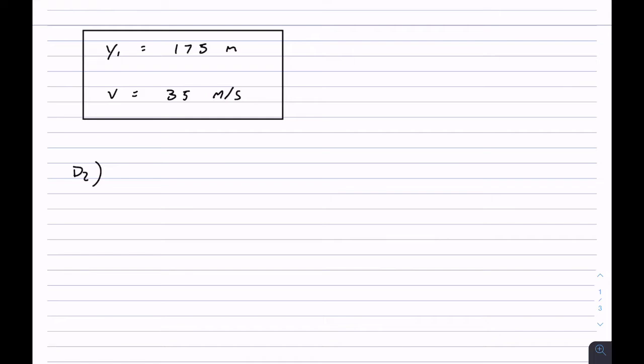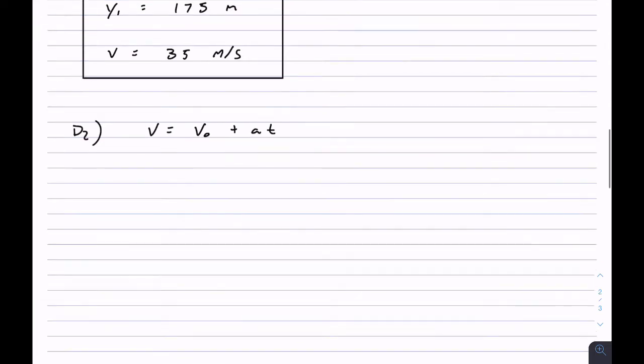Well, we have to consider that we're starting from trip 2. So we need to solve for the time. We already know that it's traveling for 10 seconds. We need to solve for the time that it's going to take for the rocket to leave trip 1 from 10 seconds and reach a velocity of 0 at the top. So we have v is equal to v naught plus at. We can solve for time using this equation. We know at the top of the trip, the velocity is going to be 0.